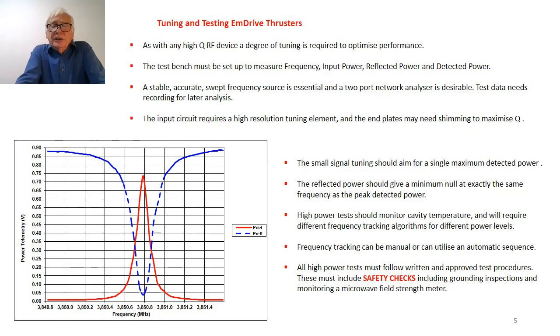And before you switch on, you should carry out safety checks on the test equipment itself, which should include ensuring that the grounding of the test equipment is satisfactory, and that you have in place a microwave field strength meter to monitor the levels of leakage from your test equipment, because there will be leakage levels that you must keep well below the safety limits for test personnel.